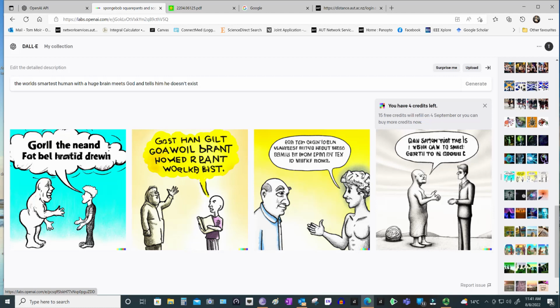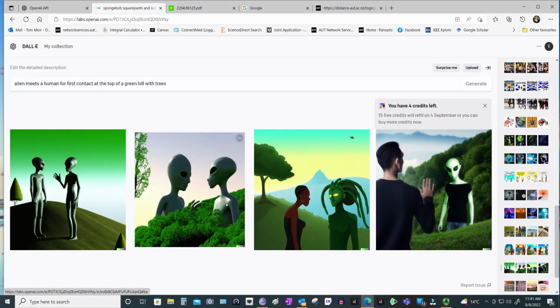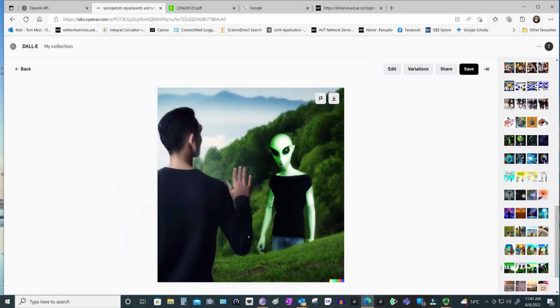Here's an interesting one. Alien meets a human for first contact at the top of a green hill with trees. I typed that one in. These are 2 aliens, so I don't know what it had in mind here, but here a little bit more useful, this one here. And you'll see that the alien's wearing jeans, by the looks of it, and a t-shirt.